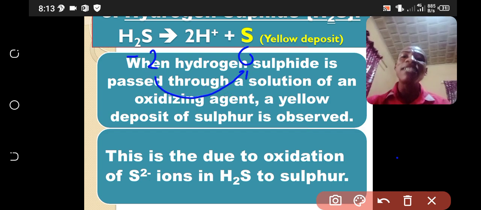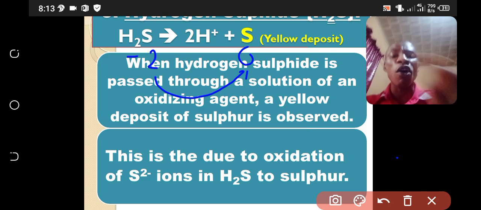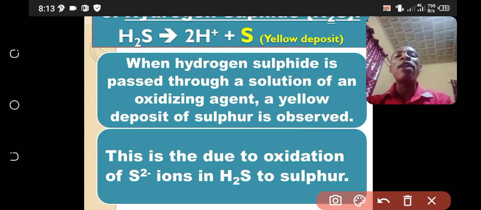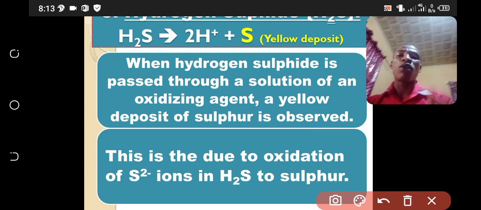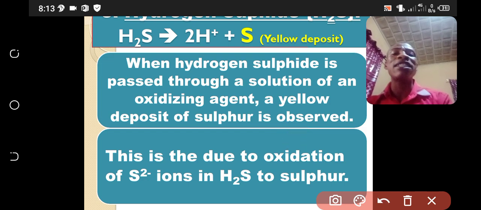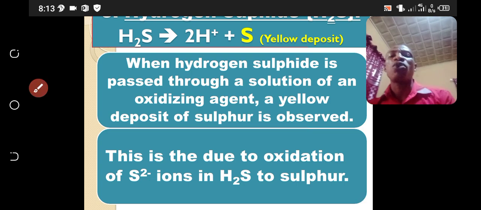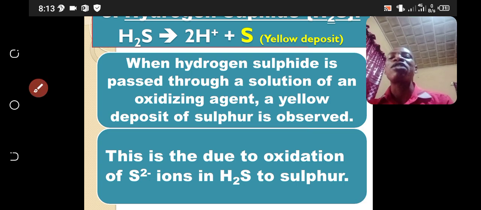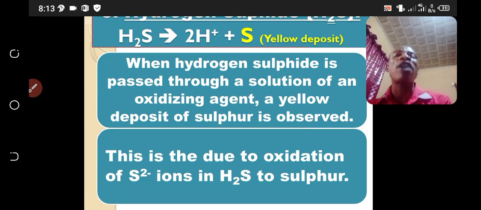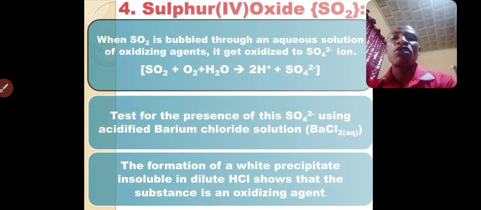That's an increase in oxidation number. So H2S has been oxidized to sulfur, and sulfur normally comes with a yellow color. So when the compound is an oxidizing agent and you react it with H2S, there will be a yellow deposit of sulfur, because the sulfide in H2S is oxidized to elemental sulfur.